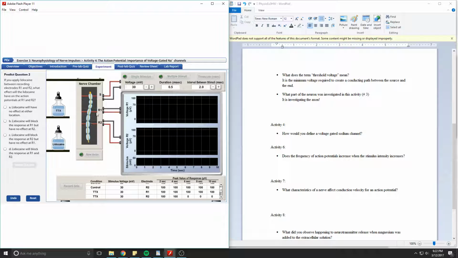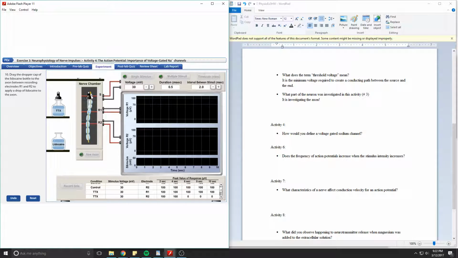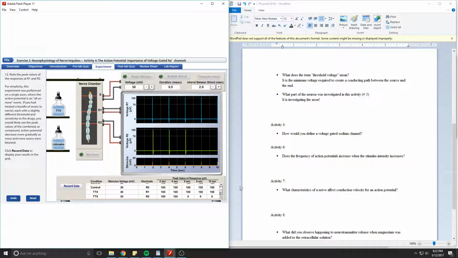Okay, we're going to do a new axon. If you apply iodine, I really have no idea what either of these are going to do. Drag the dropper. Okay, so this one had the same thing, it just took longer.